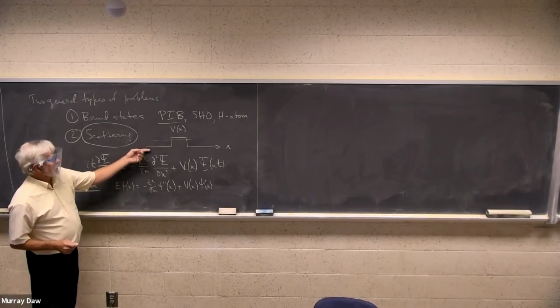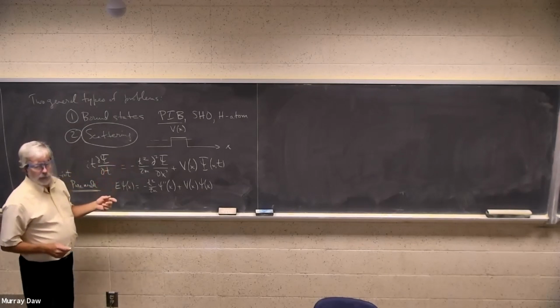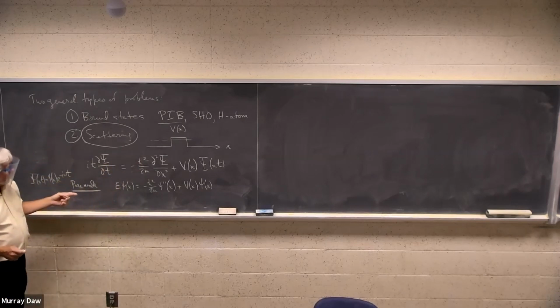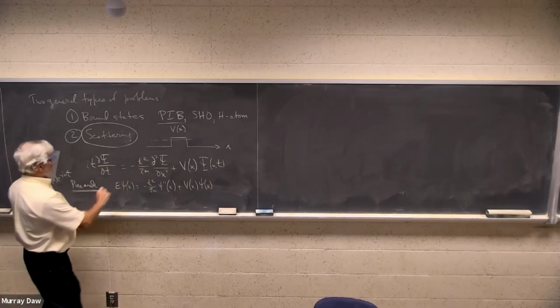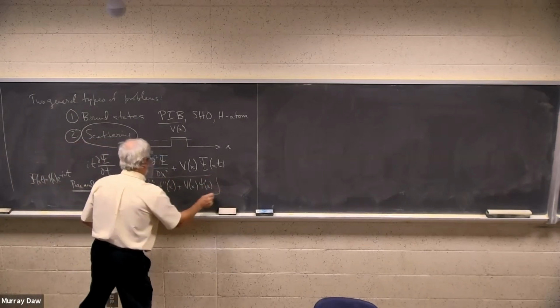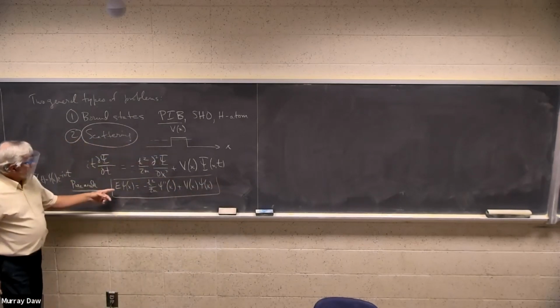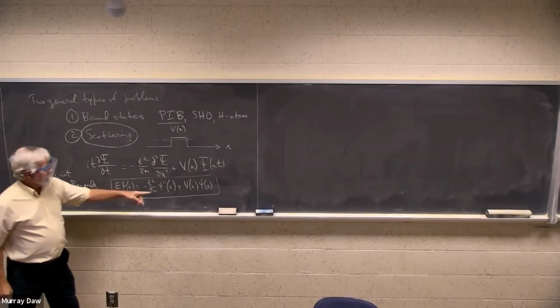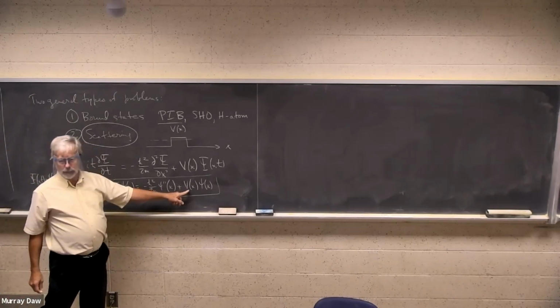For example, where the potential barrier looks like this. And actually, we're going to do one a little bit simpler than that first. But notice here that the energy is assumed to be finite, and the potential here is assumed to be finite.